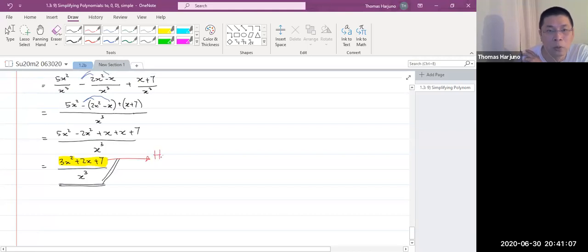How do we know that this trinomial is not factorable?